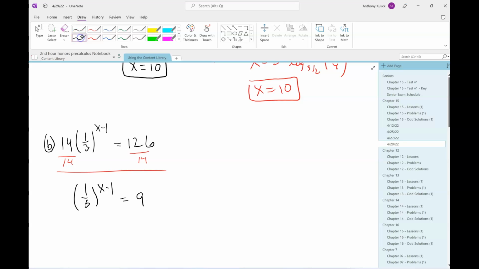Anybody see it? It's -2. 9 is 3 squared. And to make a reciprocal without changing it, I have to make the reciprocal and give the exponent negative. Now that's a little bit harder to see than the previous one was.